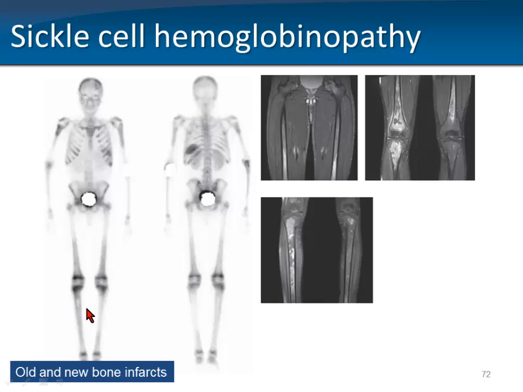Again, the photopenic area is a bone infarct. Please also note the increased uptake at the other sites. Spleen increased uptake as well. This is probably an earlier event, now becoming visible as a hotspot. And if you look at the MRI images, it's sometimes really scary.